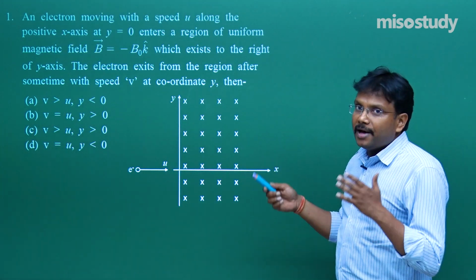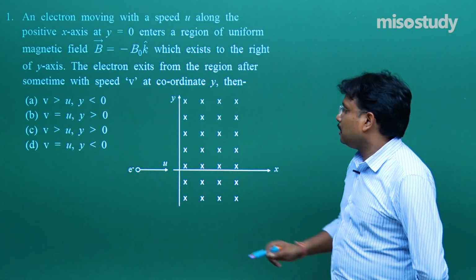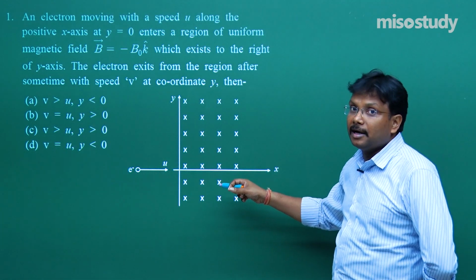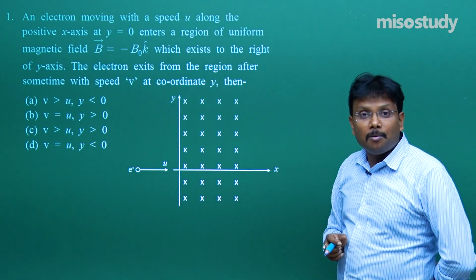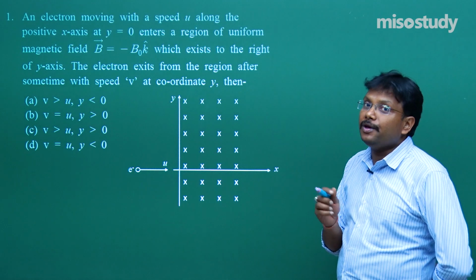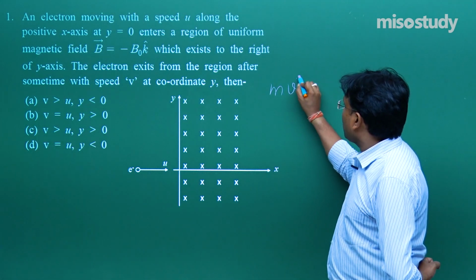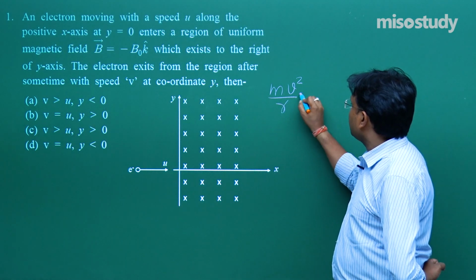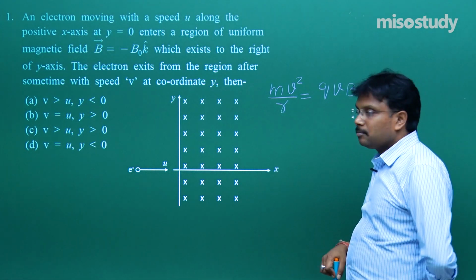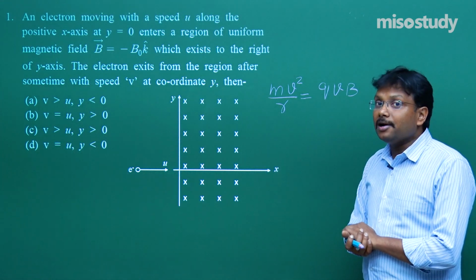Now, point wise if you analyze this problem, then you can simply say that the electron is entering perpendicular to the magnetic field. So, from the formula mv squared upon r is equal to qvB, you can say this electron will start moving on a circular path.